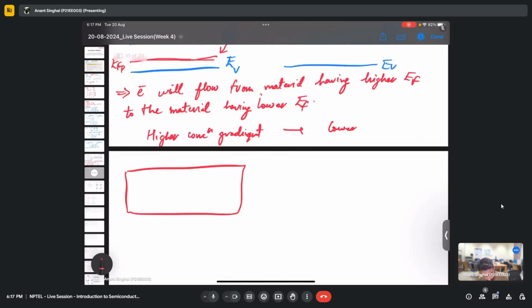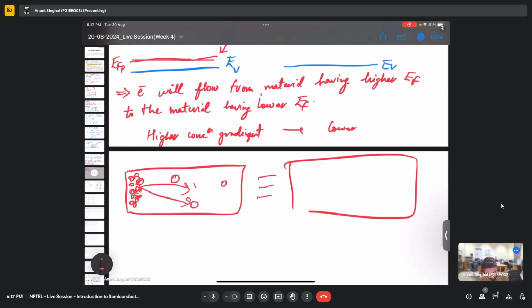Let's say we have a box, or a room, in which we have very close particles, and some sparse particles like that. If we just leave the room, these particles will always move more quickly as compared to these, because these already have some space around them.